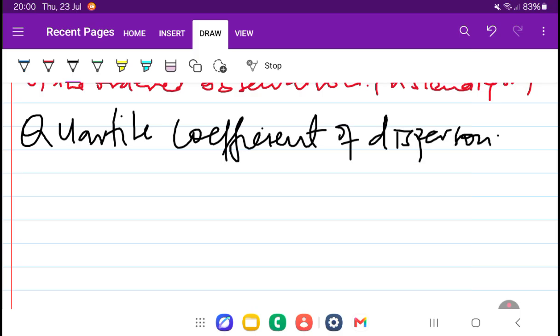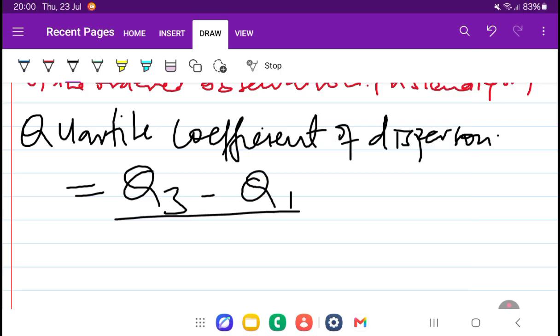Now the quartile coefficient of dispersion is equal to Q3 minus Q1 over the median times 100.